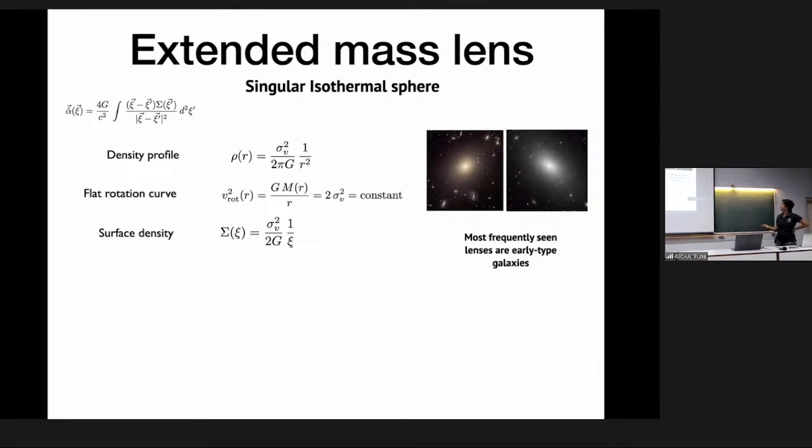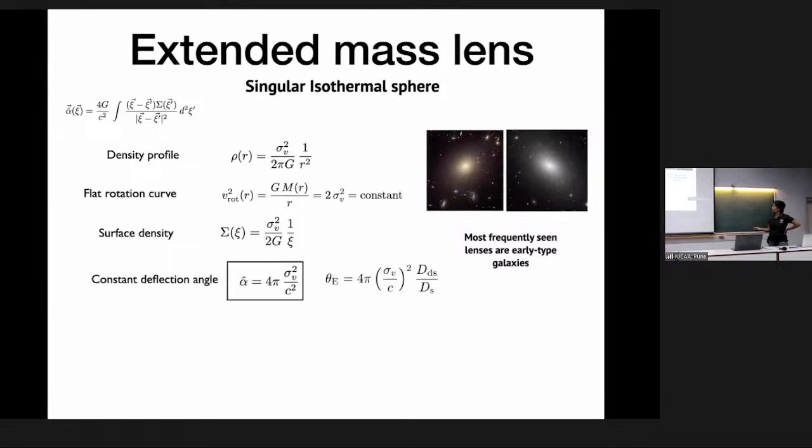If we plug this surface mass density expression into the expression for the deflection, we find constant deflection angles for these systems where the model is isothermal. The corresponding expression for the Einstein radius is like this. We can see again there is a dependence on the angular diameter distances and also on the mass of the system.